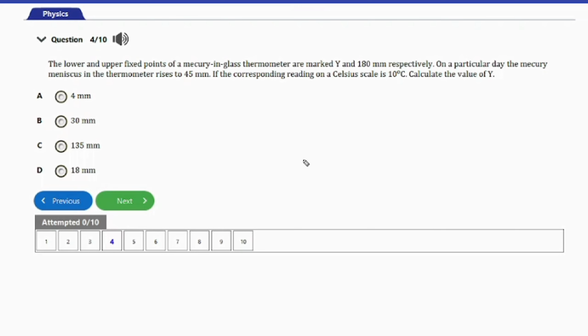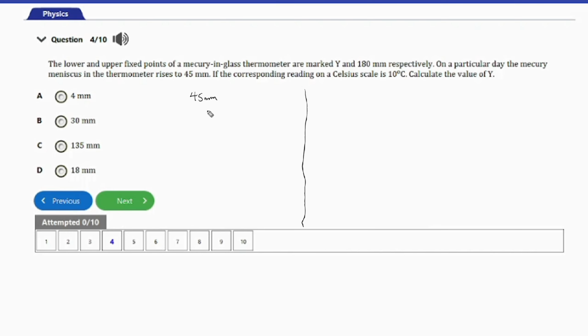Calculate the value of Y. So guys, let's go ahead and solve this out together. Since the lowest point here in this mercury in glass thermometer is Y and the highest fixed point is 180, and we have a reading of 45 mm.